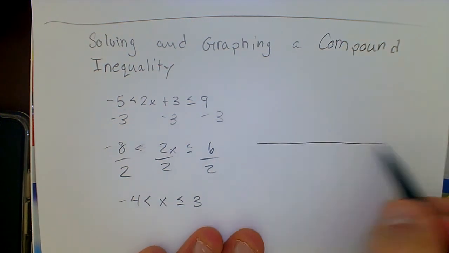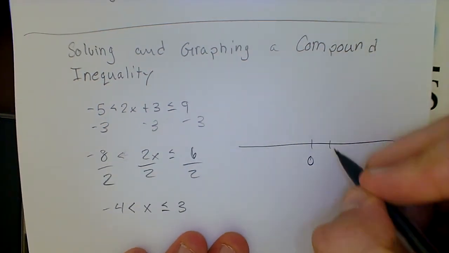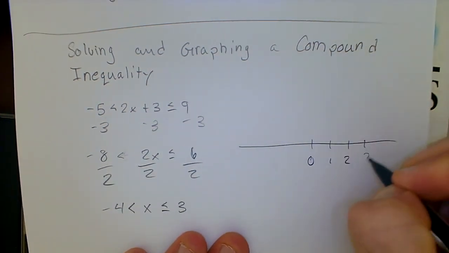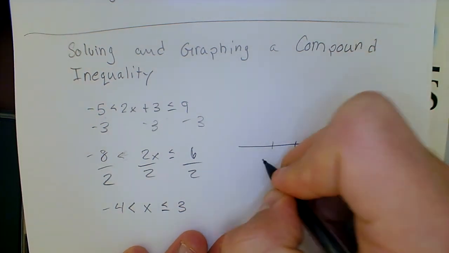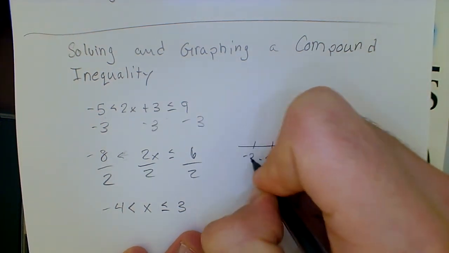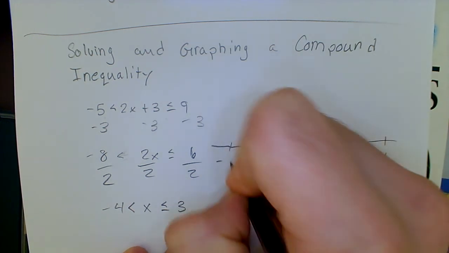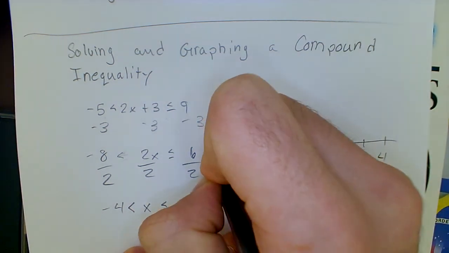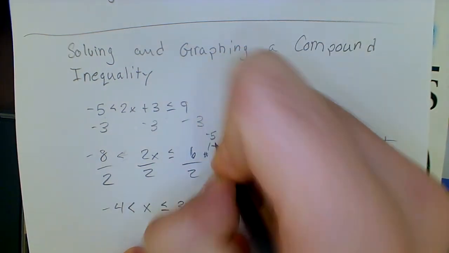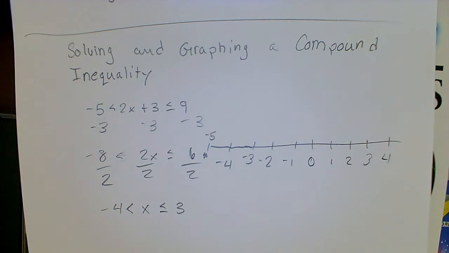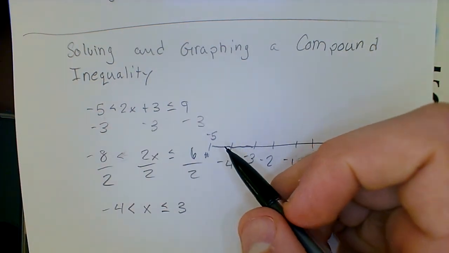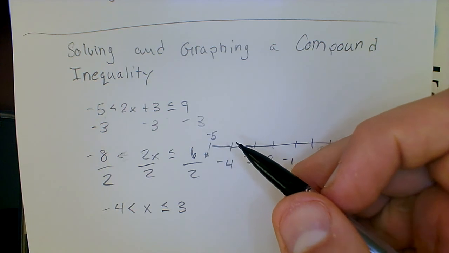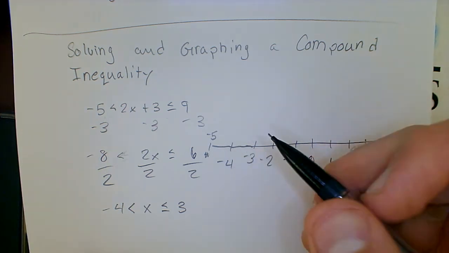Okay, now over here on our graph, 0, 1, 2, 3, and 4, negative 1, negative 2, negative 3, negative 4, and just for good measure, I'm going to write 5.